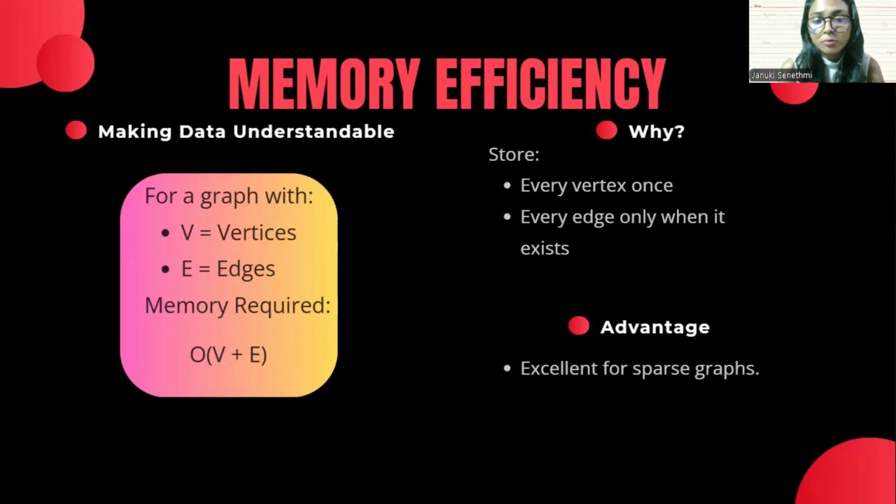Compare that to other representations that may reserve memory for connections that don't even exist. This is especially useful for sparse graphs, where the number of edges is much smaller than the maximum possible number of edges. In real-world systems, sparse graphs are extremely common, making adjacency list a practical choice.